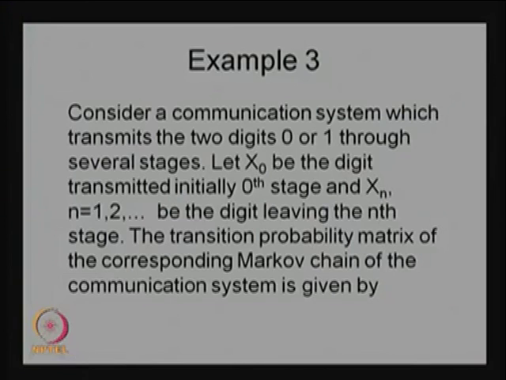Now, our interest is to find the one step transition probability for the Markov chain, so let me give the state transition diagram for that. The possible states are 0 and 1, because the state space is {0, 1}.